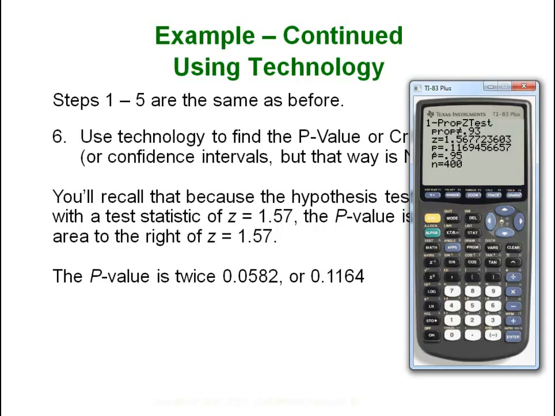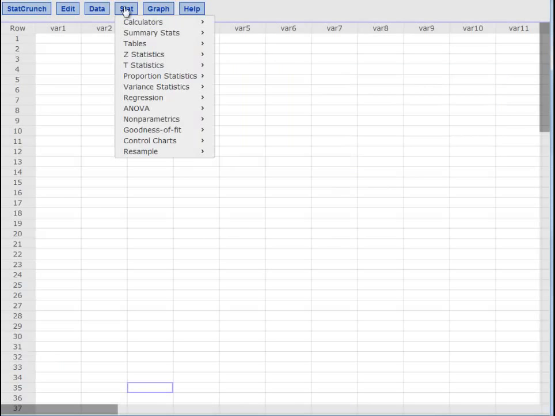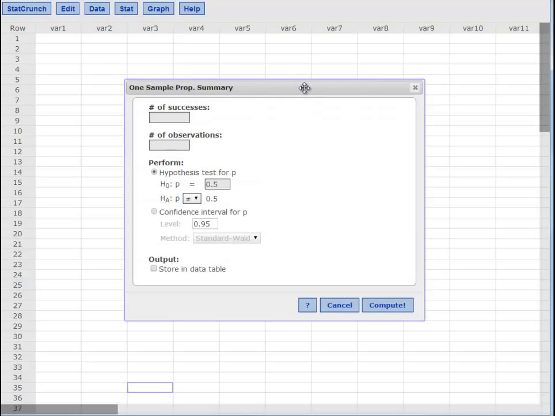What if we want to do it with StatCrunch? Equally simple. Stat, again, we're dealing with proportions. We have one sample. We don't have the raw data. We only have the summarized results. So we do with summary. Number of successes, again, 380. Number of observations, 400. Down here, we just have to change our p, right?